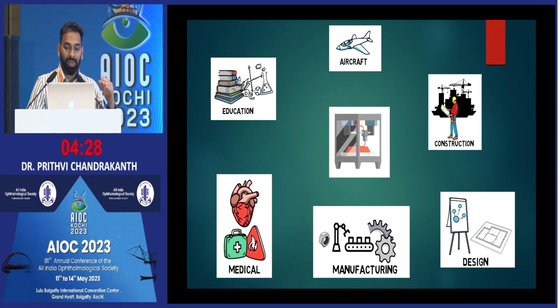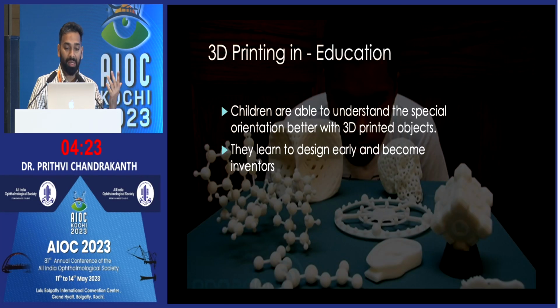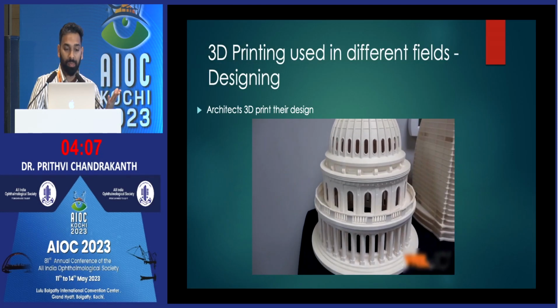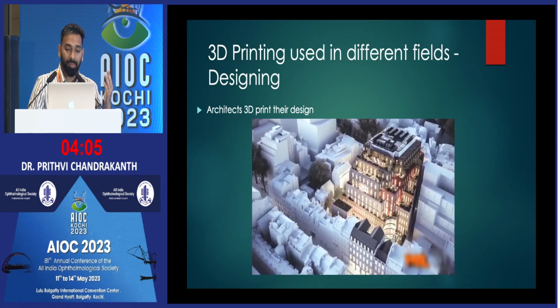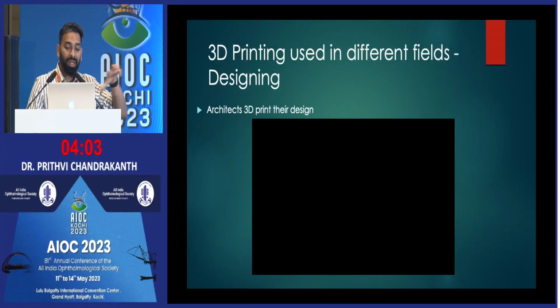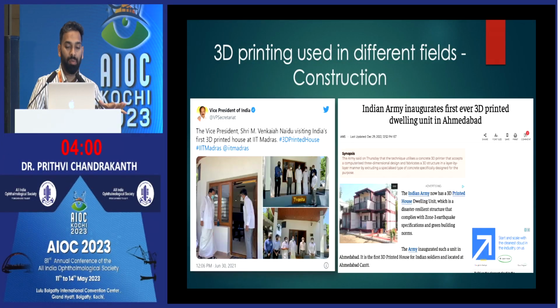So nowadays it's everywhere. In education, we are doing 3D printing; also in aircraft, construction, design, manufacturing, and medical. With 3D printing, children are able to understand this much better, and they are able to even make new designs of their own at an early age, and they become inventors in the future too. Nowadays, people are using 3D printing to design the architecture of buildings.